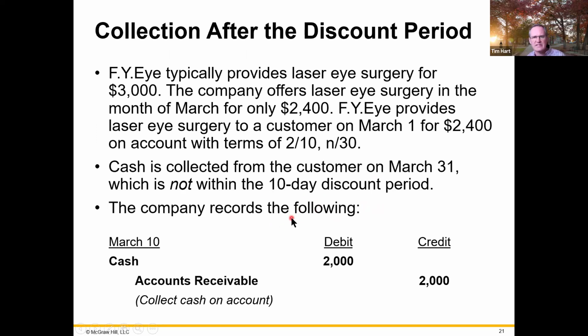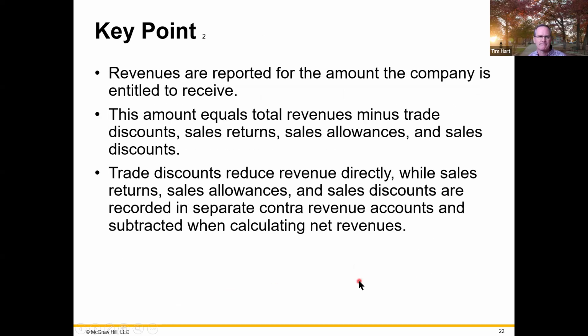Okay, collection after the discount period then. So they did not get that discount, just paying $2,000. So they didn't pay off the full amount, but paying $2,000, so cash, and then account receivable there.